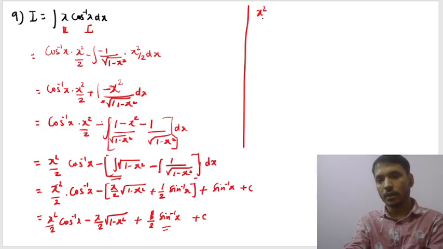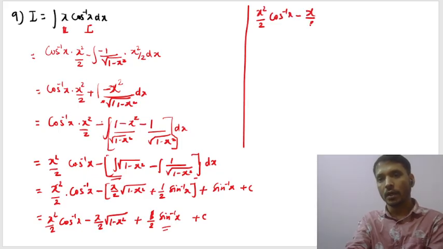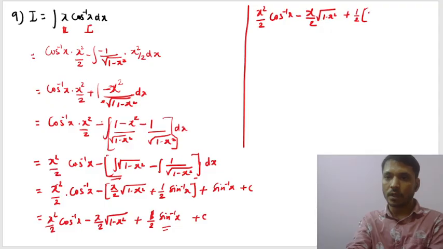We will write it is x square by 2 cos inverse x minus x by 2 under root of 1 minus x square, and here plus 1 by 2 as it is, but in place of sine inverse we can write pi by 2 minus cos inverse x plus c.